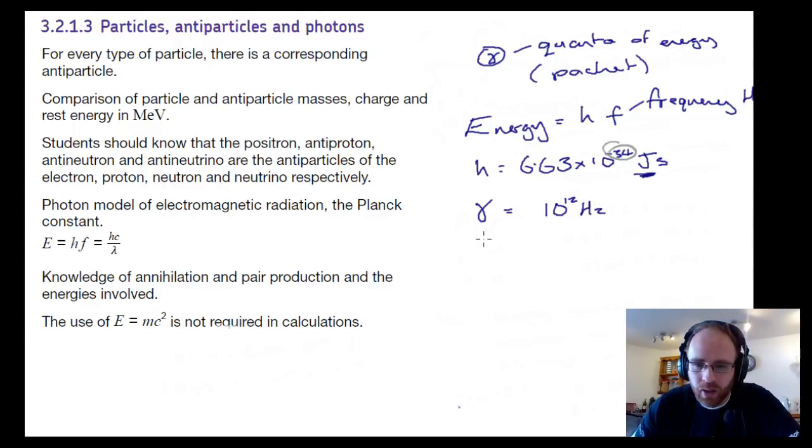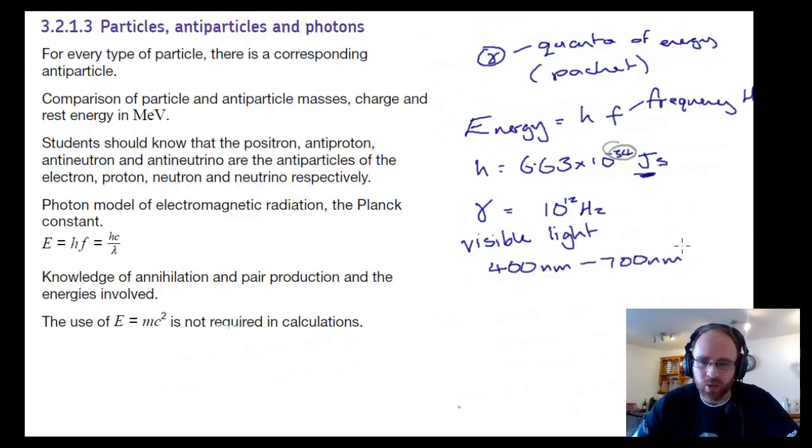If we talk about visible light just for a second, and we're going to use a slightly broad, in fact I think it's a little bit narrow, but easy to remember, range of wavelengths, 400 nanometers to 700 nanometers.